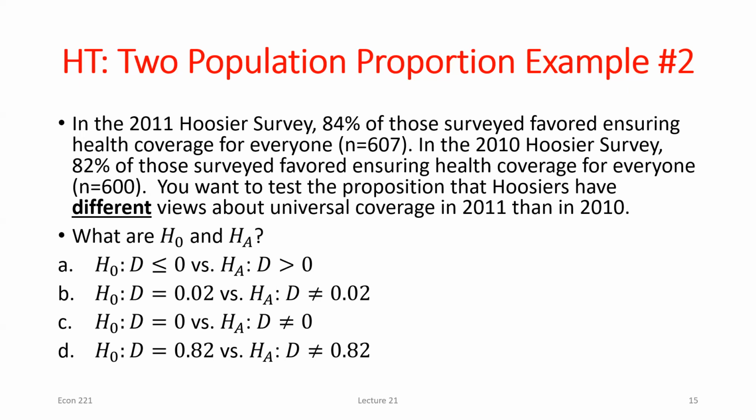Well, I need my hypothesis test to be in terms of a difference. So I rearrange things a little bit, subtract that proportion of 2010 from both sides, and I'm thinking about, is that difference something other than 0, right? Because if the views are different in both years, then when I take the difference, it's going to be some other value than 0, right? The only way it would be 0 is if they were exactly the same.